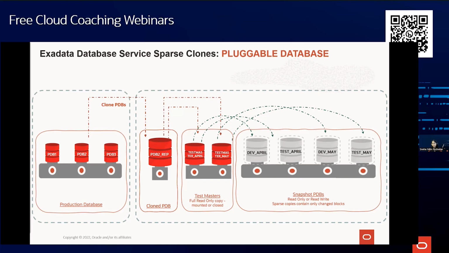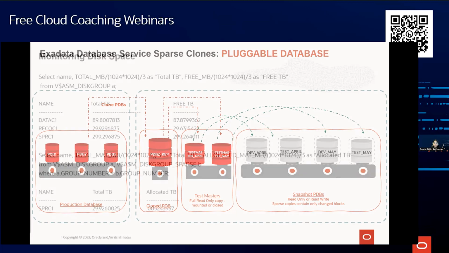If I have to make 10 terabytes of clones, that's around 100 terabytes, but I'm not going to use that space. I'll hardly use 10 terabytes for my test masters, and the rest would be just a few GBs. Let's explore more. Stay with me.